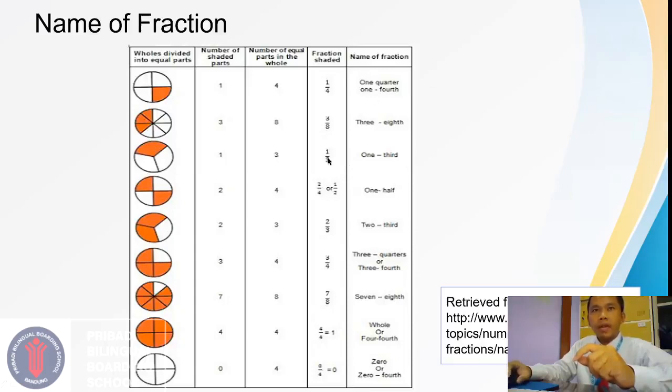Okay, and number 4: the number of shaded parts is 2, and the number of equal parts in the whole is 4. 1, 2, 3, 4. So the fraction shaded is 2/4, or we can simplify it to 1/2.